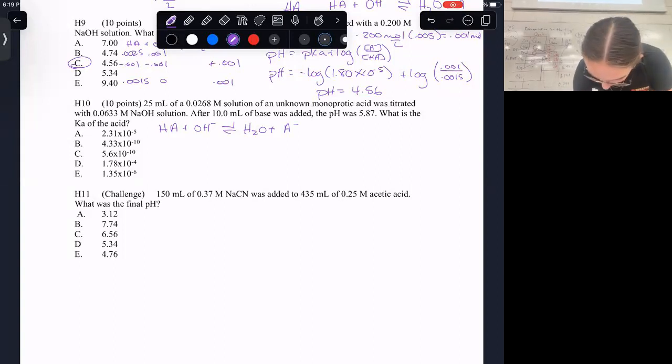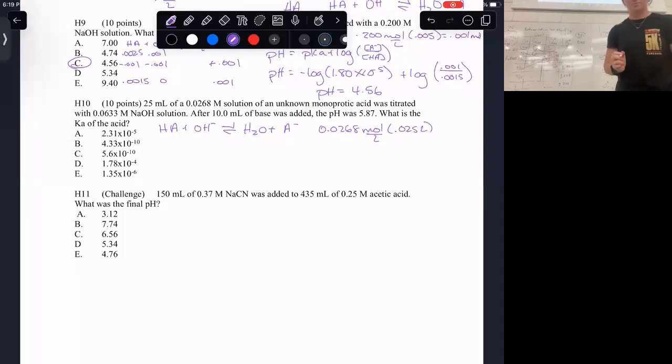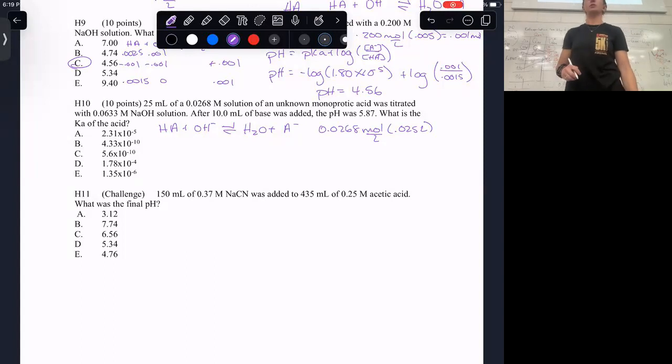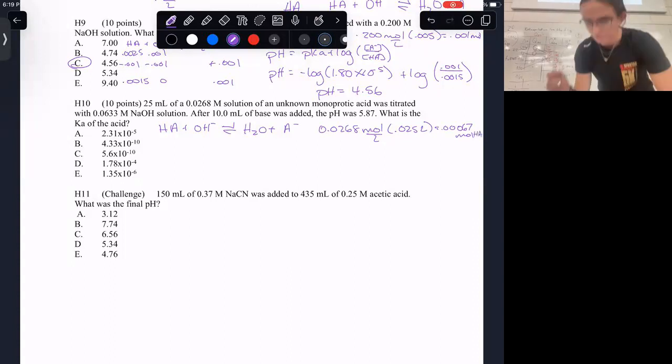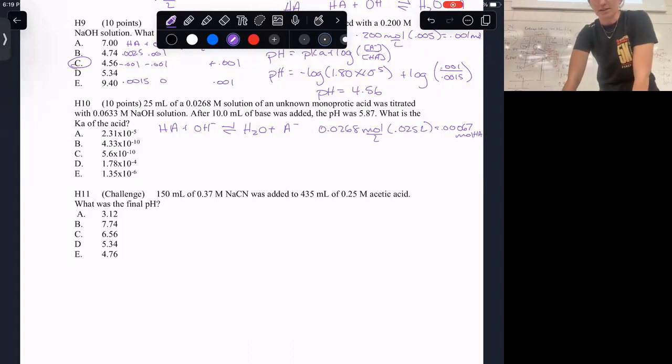So we have 0.0268 moles over liters times 0.025 liters. So we get 0.00067 moles of acid.